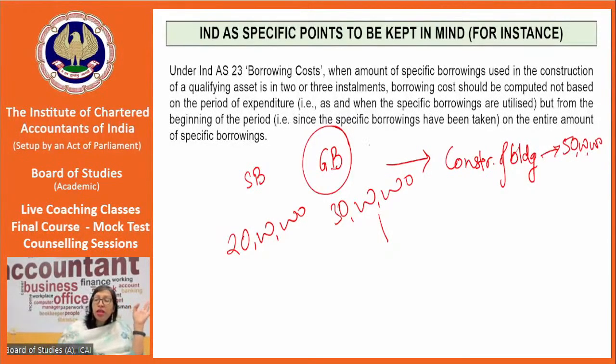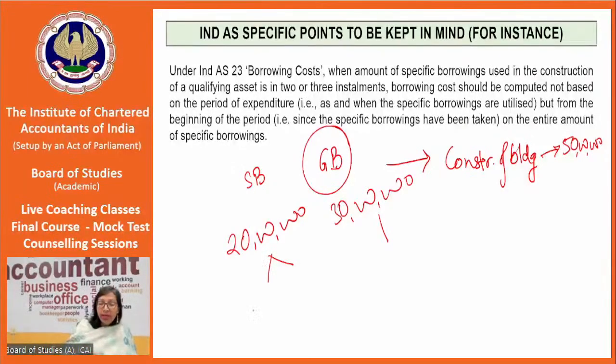Out of these different borrowings, this 30 lakh was used for construction of the building. Construction of the building will not take all 50 lakh in one go. You have to spend in a phased manner. As the first level of construction is completed, maybe you spend 10 lakh, then 5 lakh, then 2 lakh, in installments.